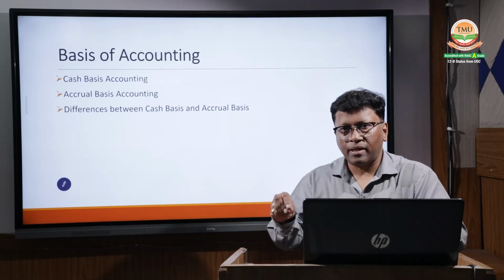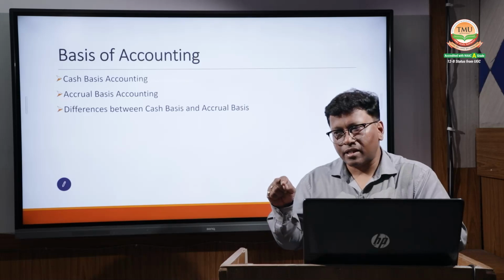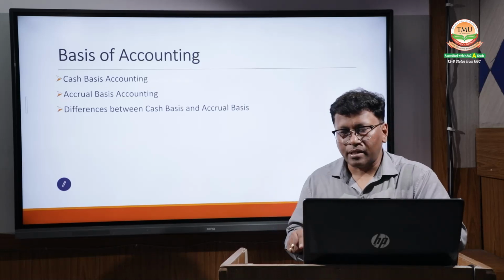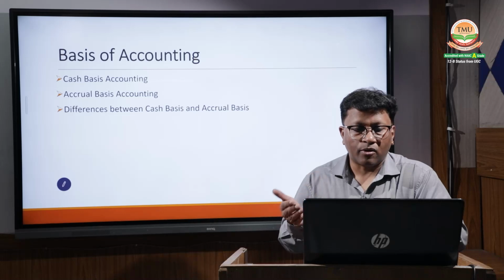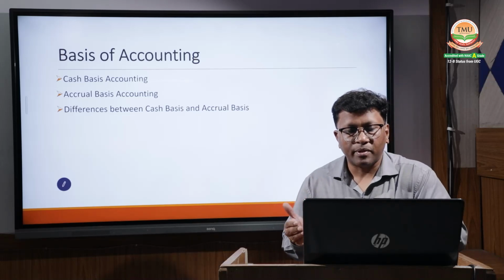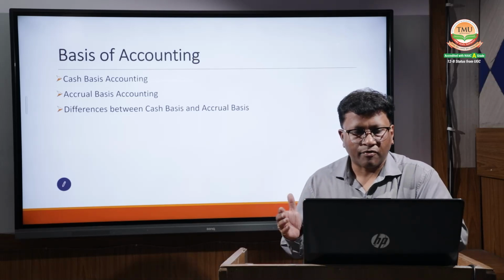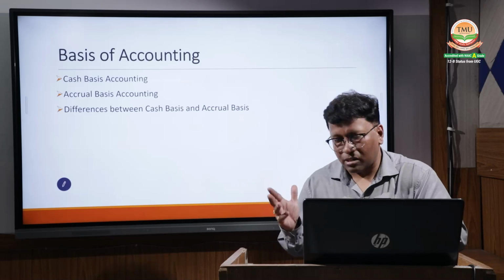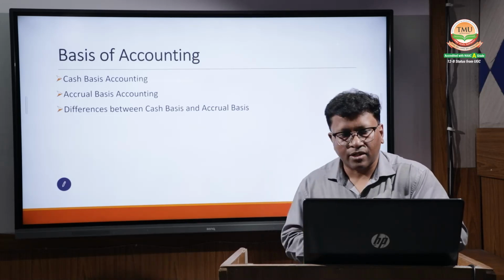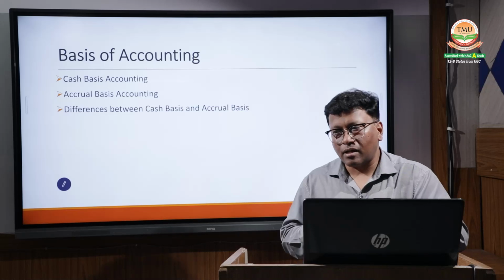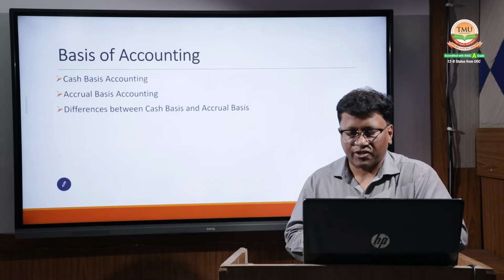So you have to display every expense which is related to that particular time period, irrespective of whether the payment has been made or not. That is the accrual basis accounting system. So the difference in the basis of accounting is now very clear: when we consider only the cash transactions, and when we consider every transaction irrespective of cash nature.